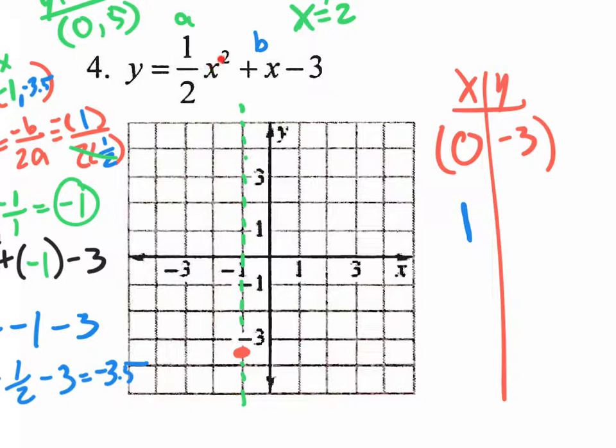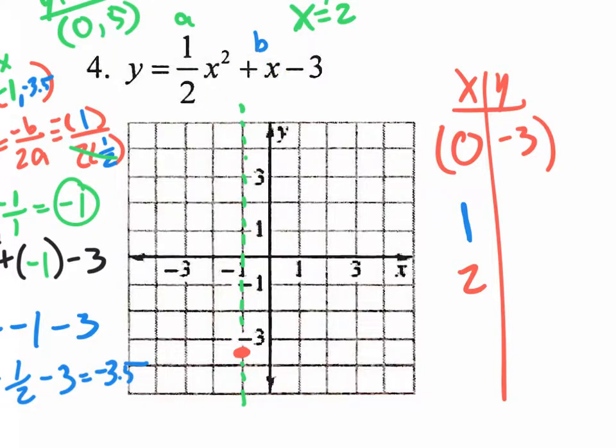Not really, because 1 squared is 1, and 1 times 1/2 gives me a fraction. So if you don't want to deal with fractions, what would be a better number to plug in that's on the same side, on the right side? 2. 2 would be a great number to plug in. Why is that? Because when I do go 2 squared, I'll get 4. And then 4 times half, that's really 2. And then 2 plus the other 2 would be 4, and 4 minus 3 would be 1.